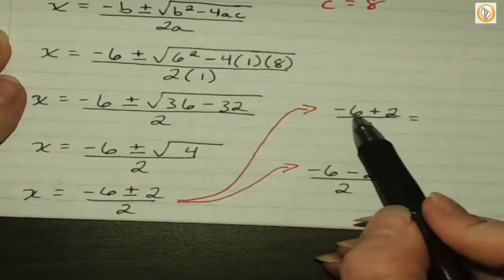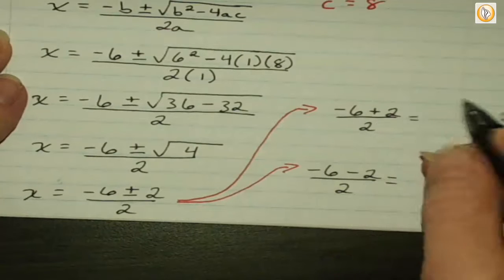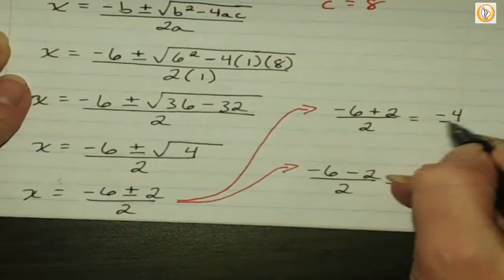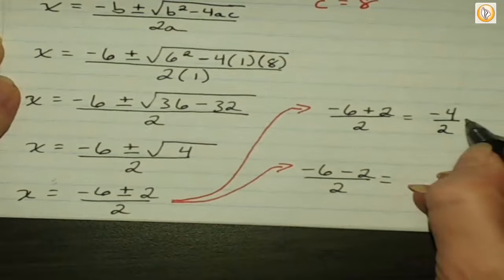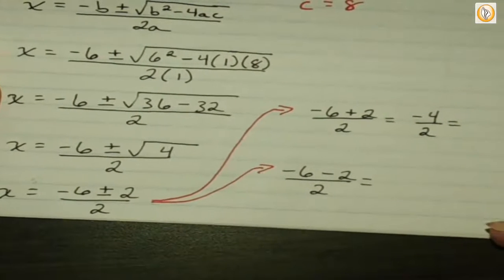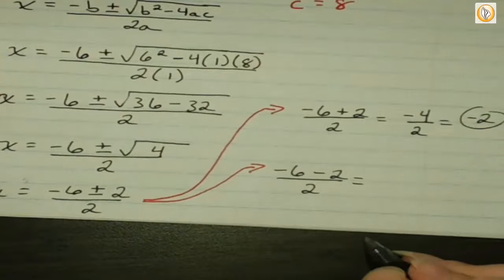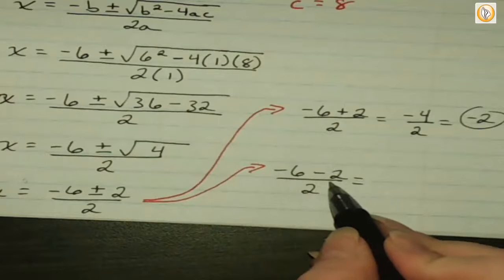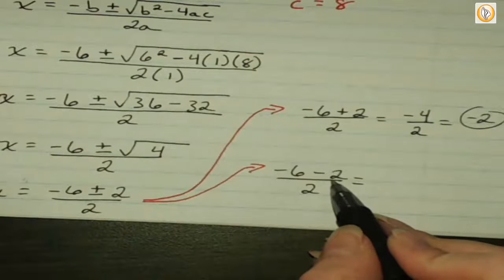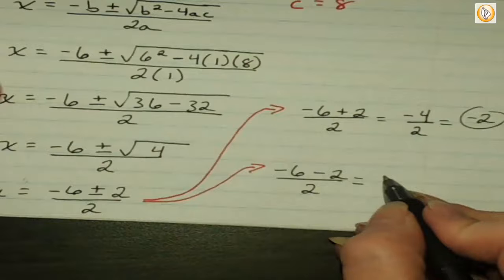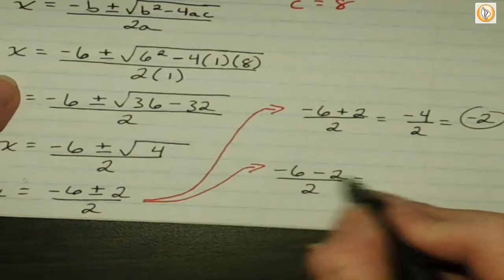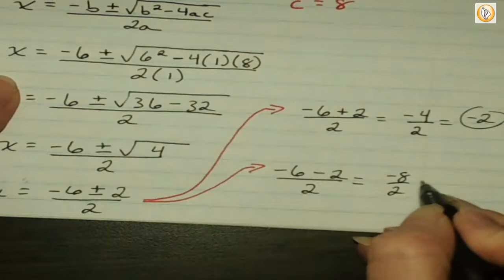All right, so negative 6 plus 2 is negative 4 over 2. And Aiden, what is negative 4 divided by 2? Negative 2. I have negative 6 minus 2, which is what, Emily? Negative 8 over 2.